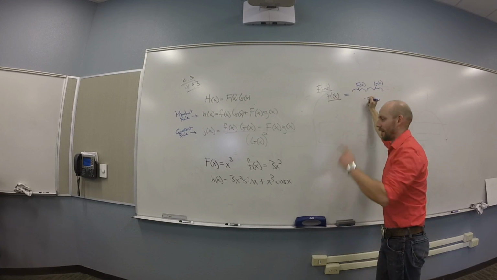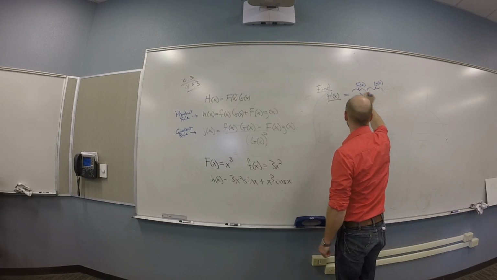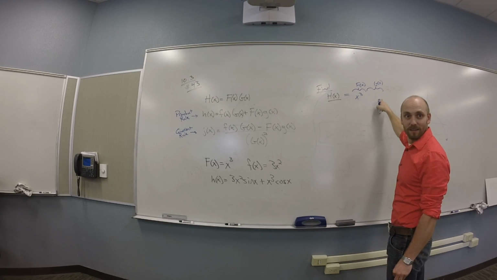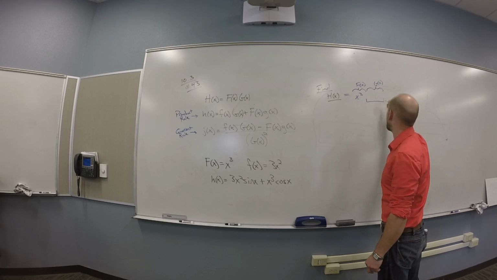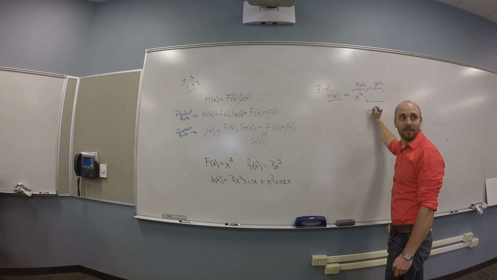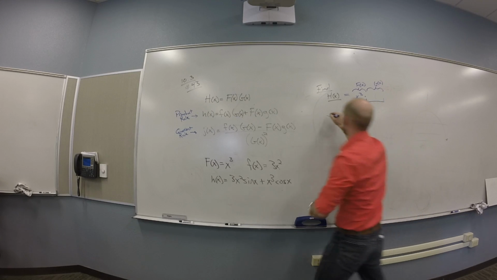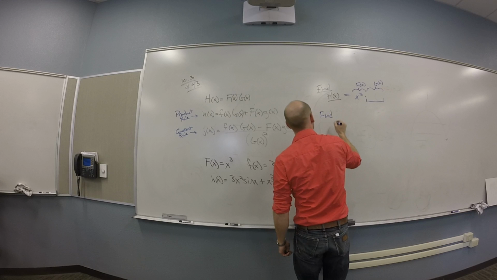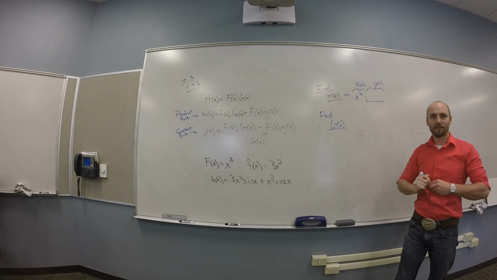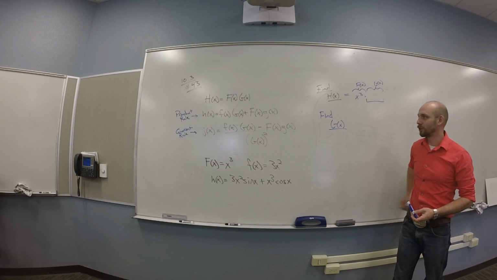I know capital F is x cubed. Now I need to go find capital G. Once I have found that, I will be done. So this problem of finding H boils down into the sub-problem of finding capital G. How do I find capital G?